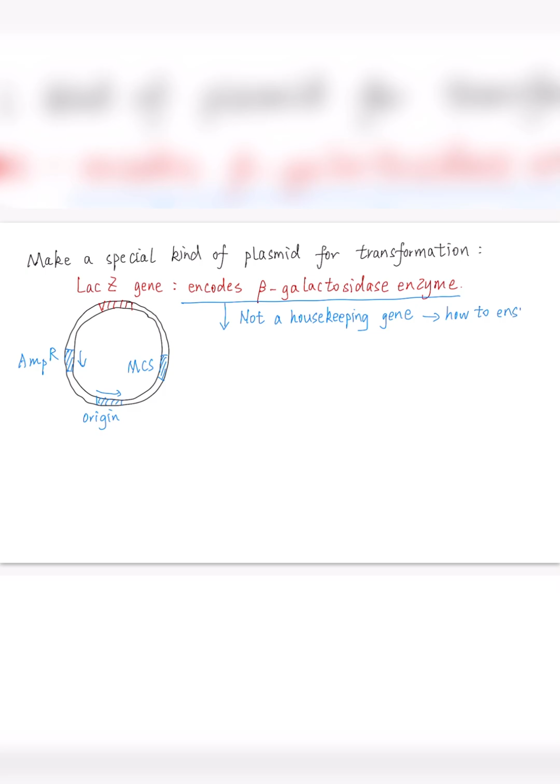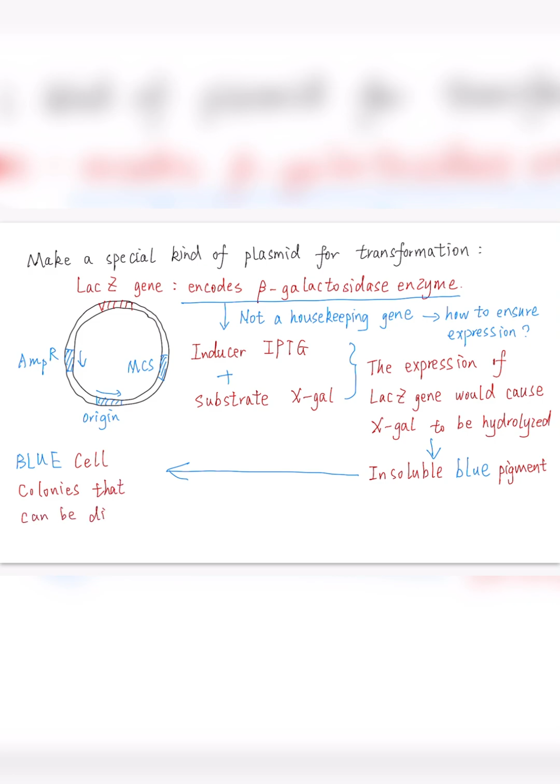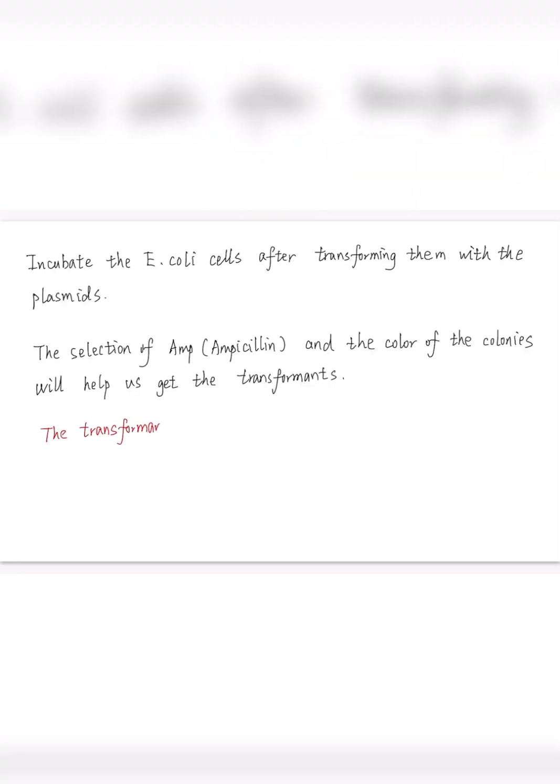This enzyme can catalyze the hydrolysis of the substrate X-gal and therefore create an insoluble blue pigment and lead to blue cell colonies of the transformants that can help the differentiation between the transformant cell colonies and untransformed cell colonies.